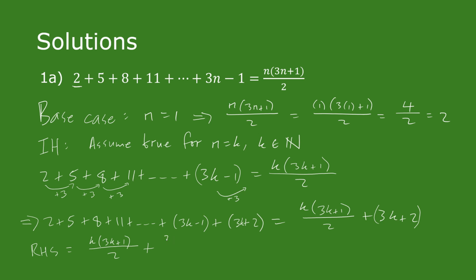So we end up with 2 times 3k plus 2 over 2. Now we've got the same denominator, so let's expand these brackets here. So k times 3k is 3k squared plus k, and then 2 times 3k is 6k plus 4, and all of this is over 2.